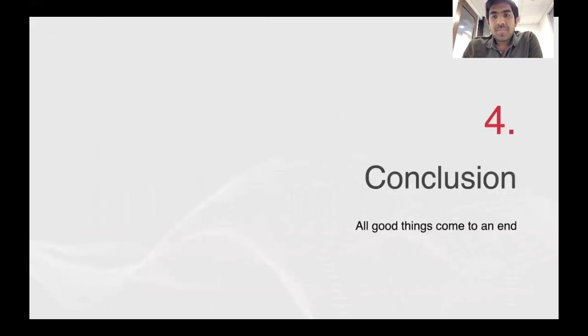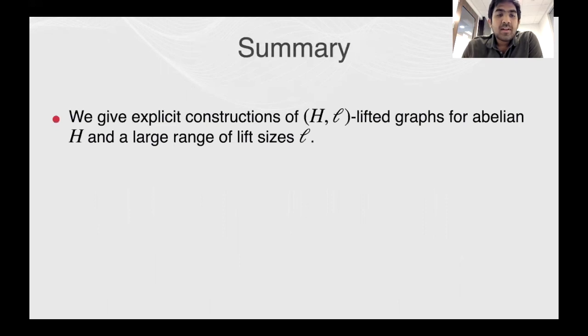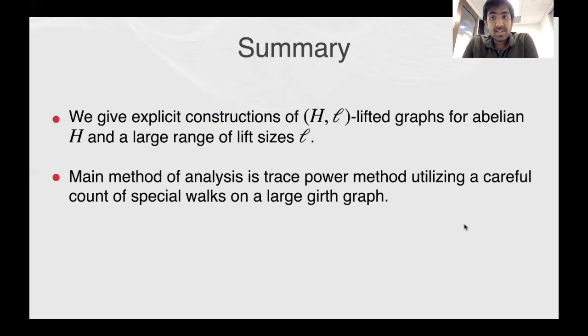So let's conclude. The summary is that we give explicit constructions of H-lifted graphs for every transitive abelian group H, and a large range of lift sizes L. The key method of analysis is the trace power method, and to do so, it utilizes a very careful count of the special walks called hikes on a suitably nice base graph, which has a lot of nice properties, including large girth, or rather a large bicycle-free radius.